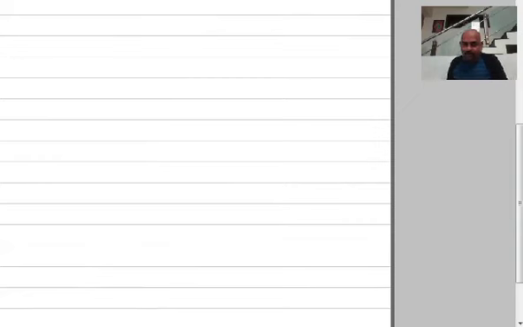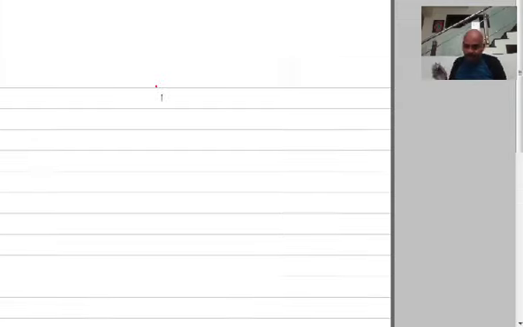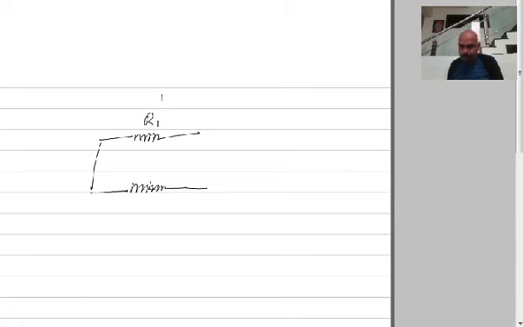Imagine, dear students, we have two resistors connected in parallel, so one here is R1, and we have another resistor R2.